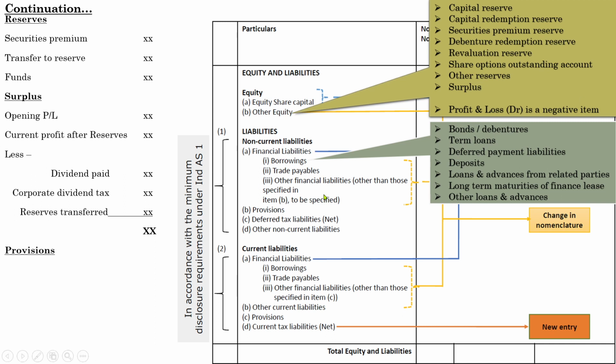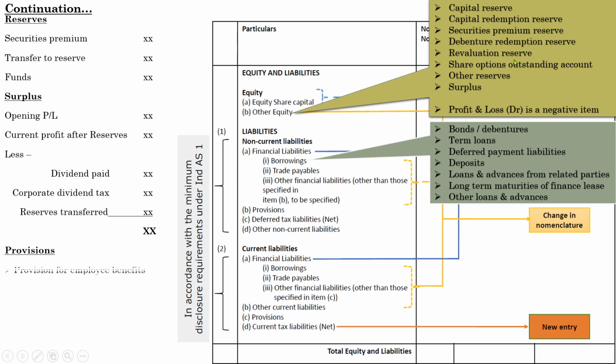Next one, provisions. I believe you all know what is meant by provisions. It is almost like a reserve. The purpose of a provision is that we set aside a certain amount of profit to meet a specific purpose. That is the meaning of provisions. Under provisions, there is not a long list of items.